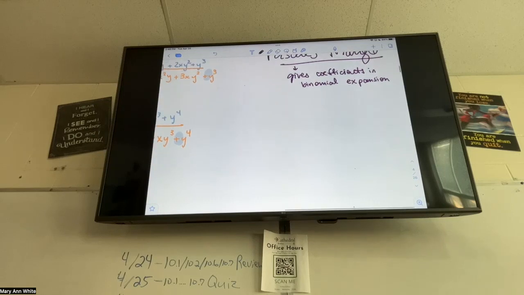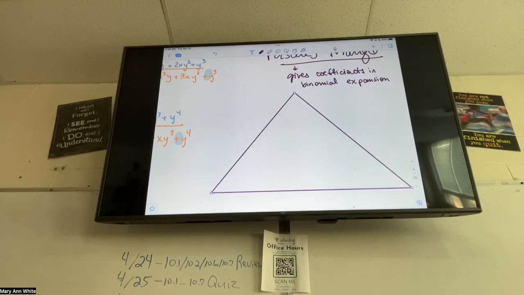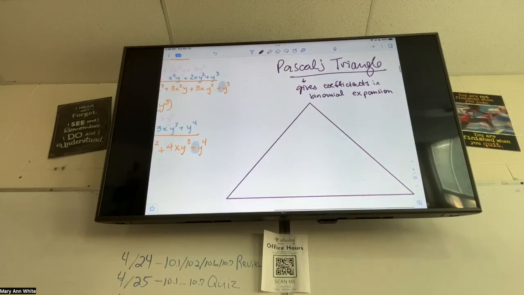So underneath that, I'm going to draw this big triangle. And on the outside, I'm going to label what each of these are. So the first one's going to be x to the 0. And we've got x to the first, x squared, x to the third, x to the fourth, x to the fifth.